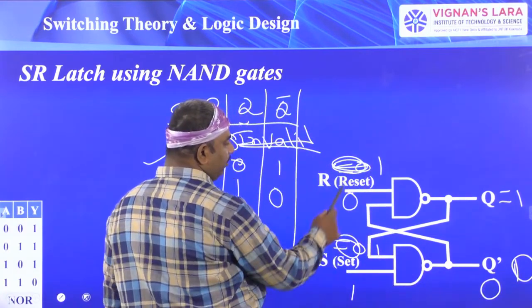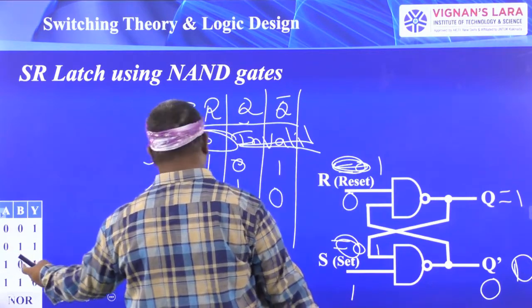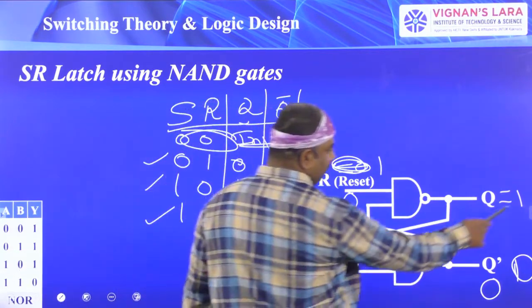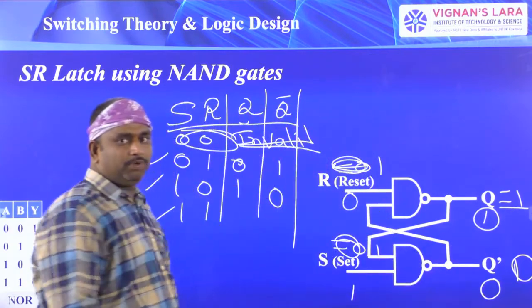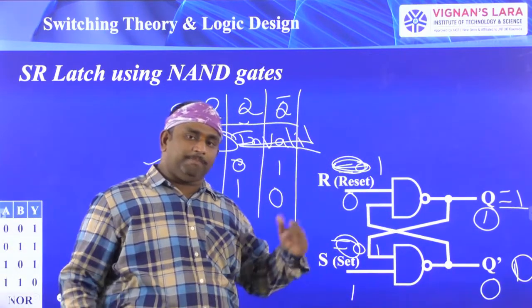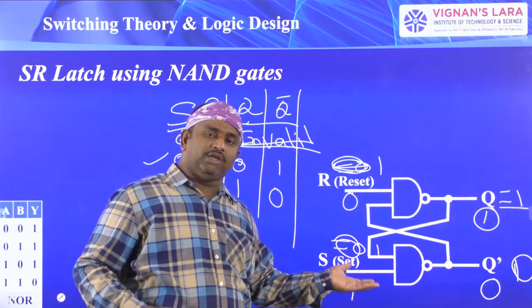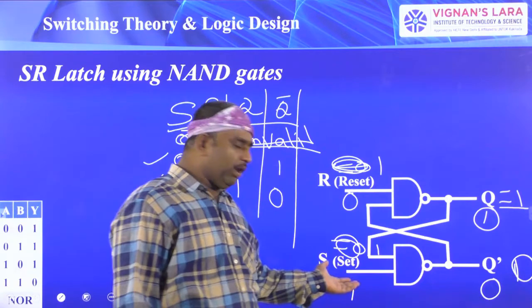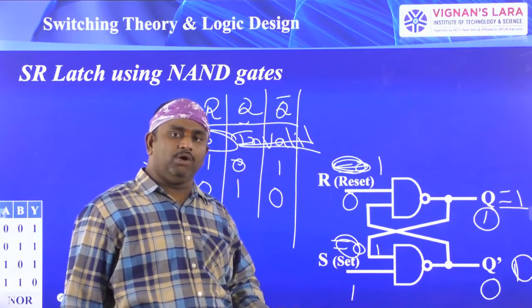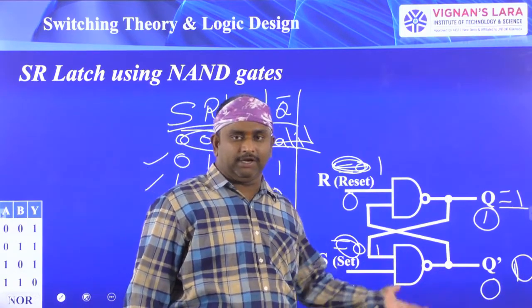So when I have given 1, 0, the output is equal to 1. So the previous output is 1 and the present output is also 1. So after giving new inputs like 1, 1, the same outputs we had are repeated here.